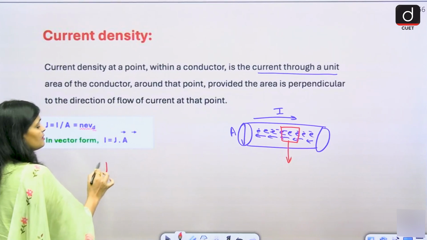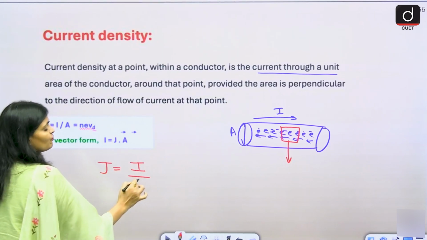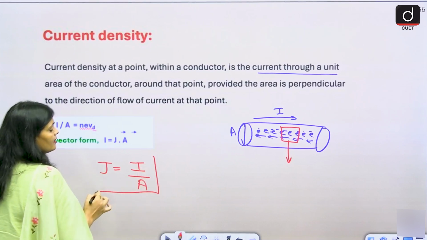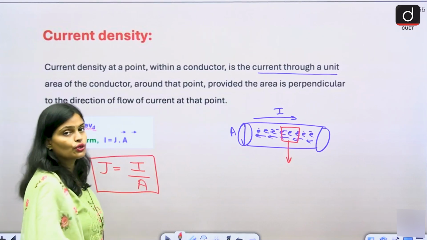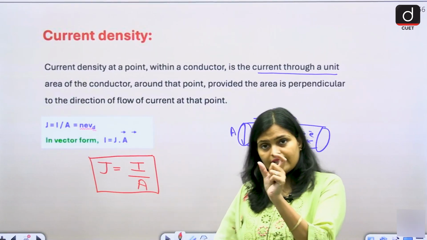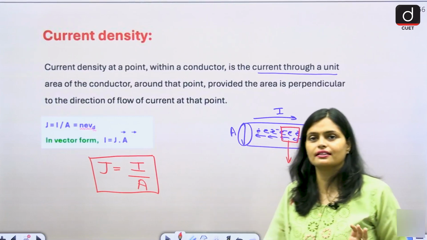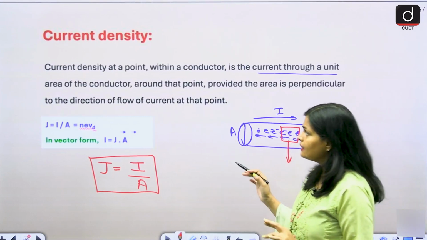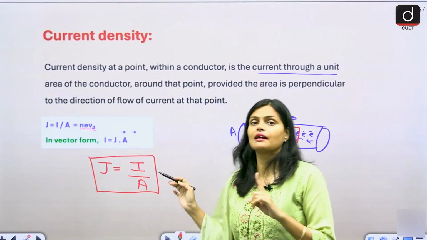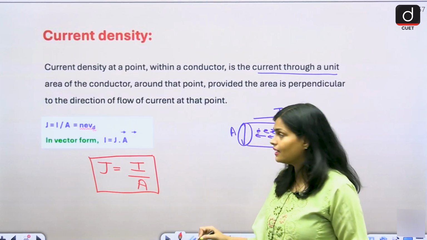Current density is represented by J. It is how much current is flowing per unit area. Like किसी per unit area में कितना current flow हो रहा है, that is the current density. Current density is represented by capital J, and is the current flowing per unit area, right?